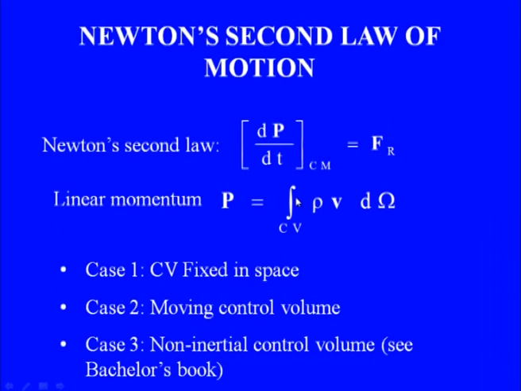Next, let us move on to Newton's second law of motion. Newton's second law was initially stated for a particle of mass dm, and this law said that if a particle of mass dm is acted upon by a force, that resultant force is essentially given by the rate of change of momentum of the particle.